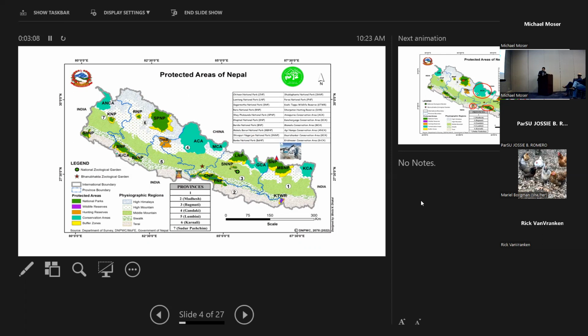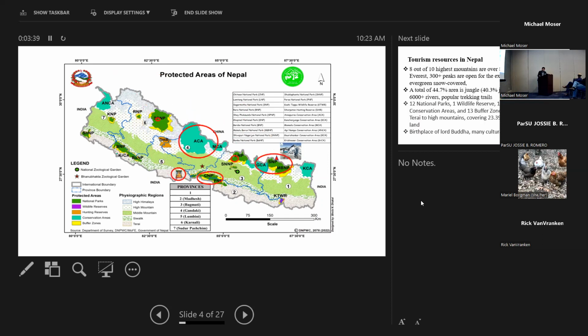The lower parts, from here to here, it's around 100 meters from the sea level, which is called the Terai and Shivalik. Then next one goes up to here, which is around 5,000 meters from 1,000 meters. This is middle mountain and high mountains. Then from 5,000 meters to above, we can have snow all the time, and which is high mountains in Nepal.